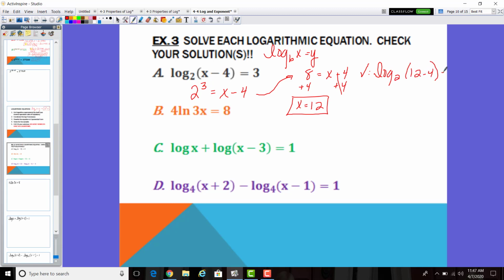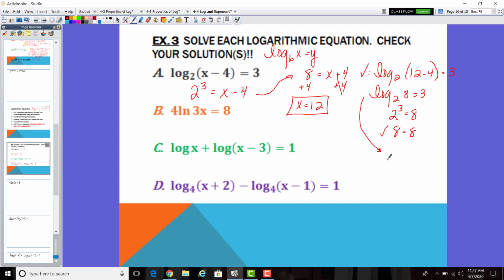So I'm going to plug 12 in for x and simplify this equation. Okay, so I get log base 2 of 8 should equal 3. Now you can do this many different ways. To me, the easiest way to do this is to turn it into exponential form. Does base 2 to the third power equal 8? Yes, it does. So that checks out.